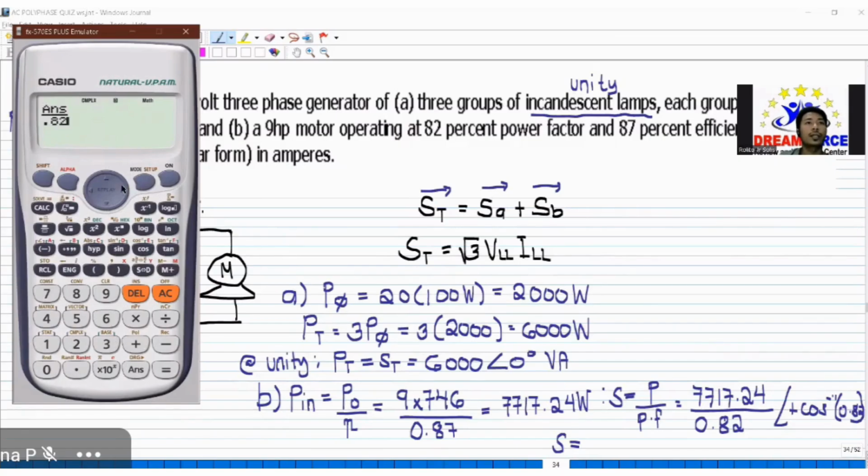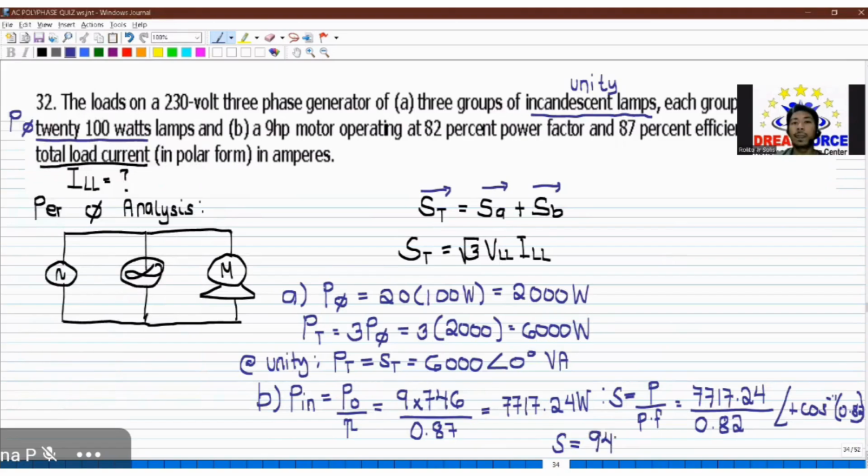So, then we have angle, and then inverse cosine ng 0.82. Okay, so gawin natin polar. So shift 2, 3. So we have 9,411 at angle 34.92 degrees.